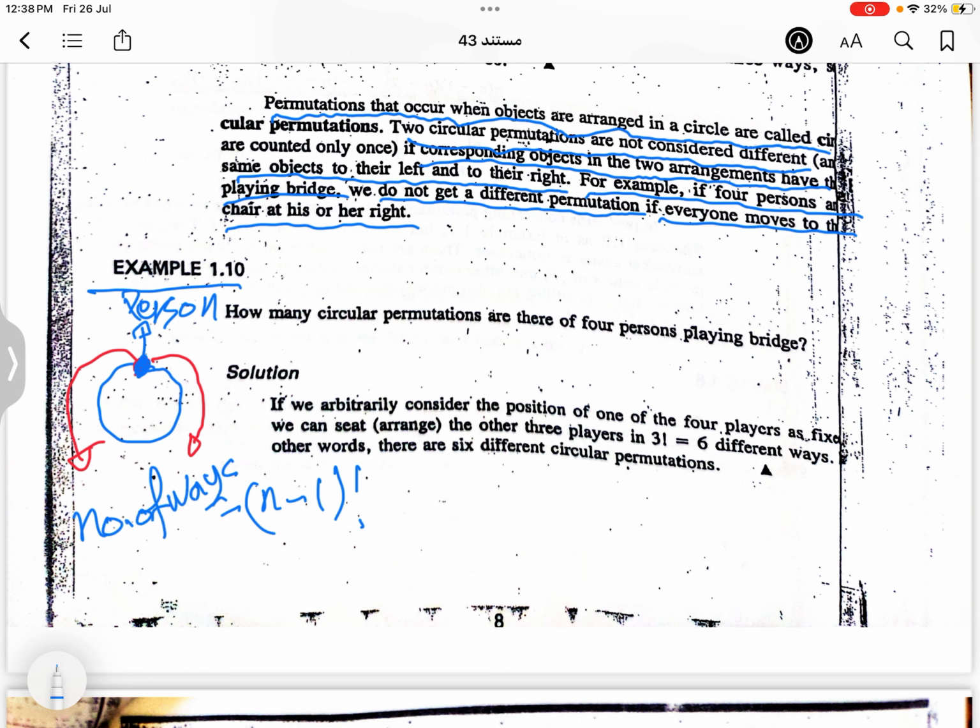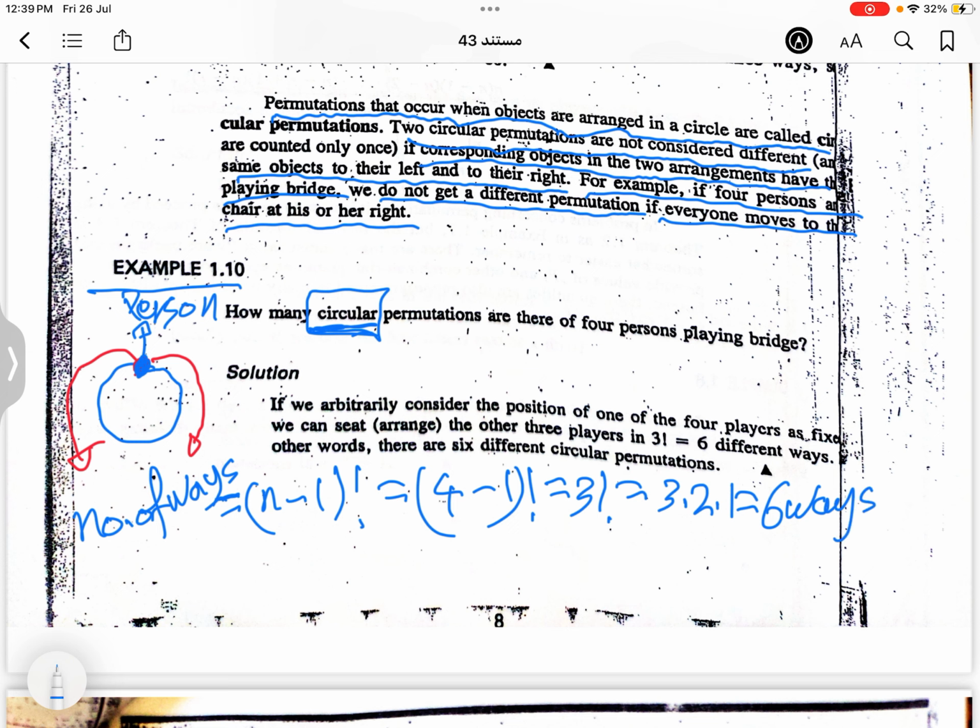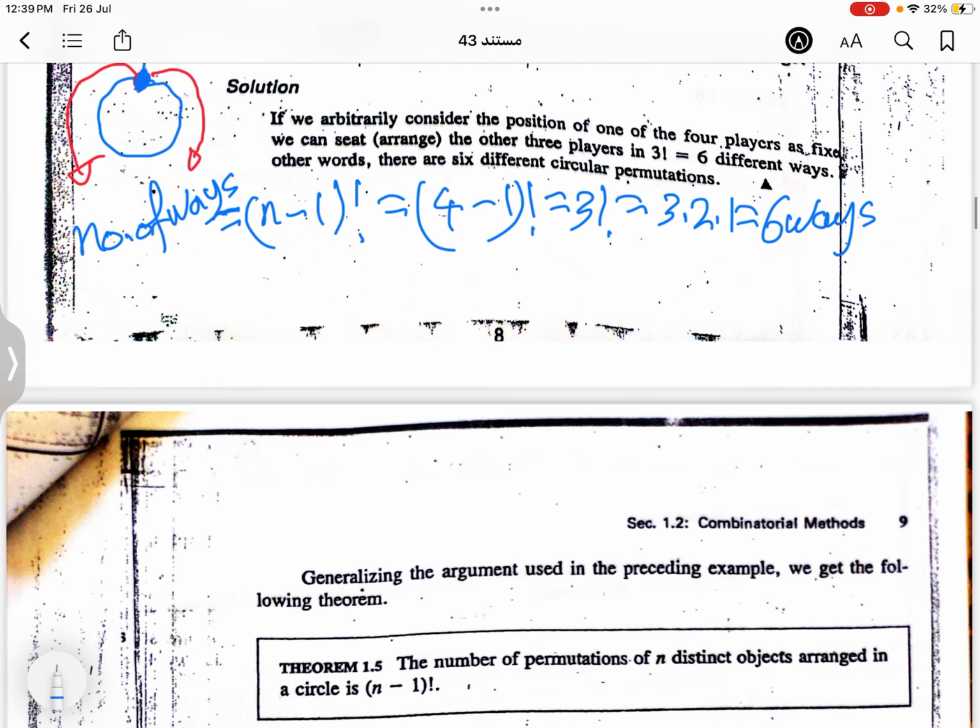But pay attention: for a bridge, which is circular, the number will be n minus 1 factorial. 4 minus 1 factorial is 3 factorial, which is 3 by 2 by 1, 6 ways. In other words, there are 6 different circular permutations.